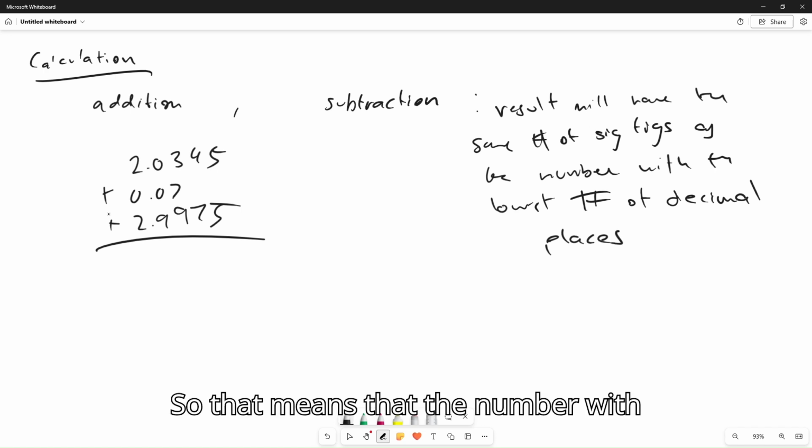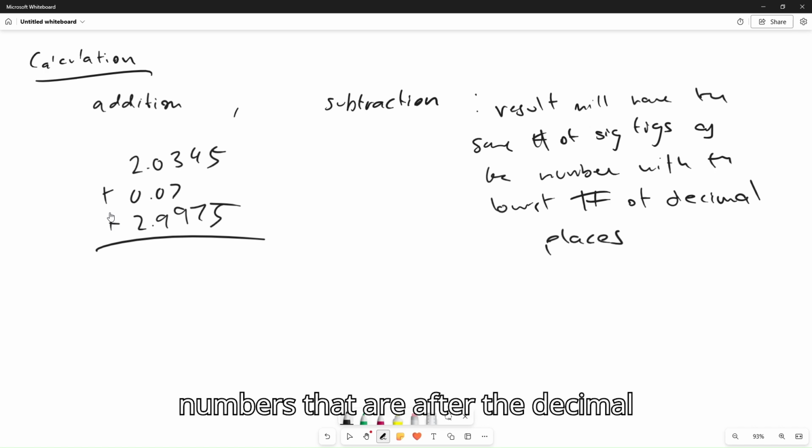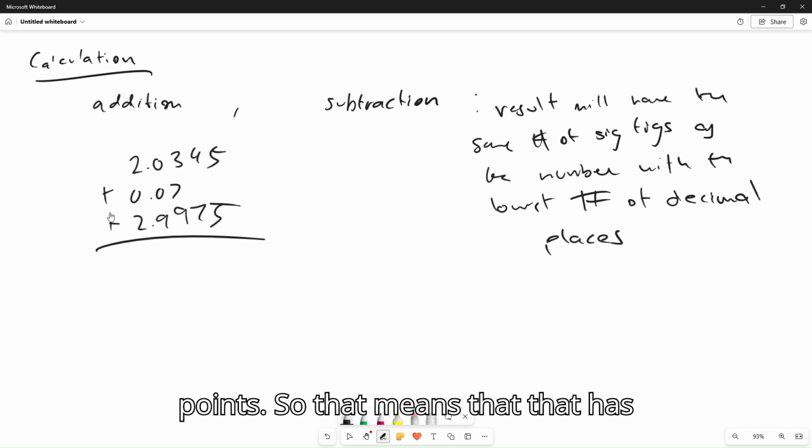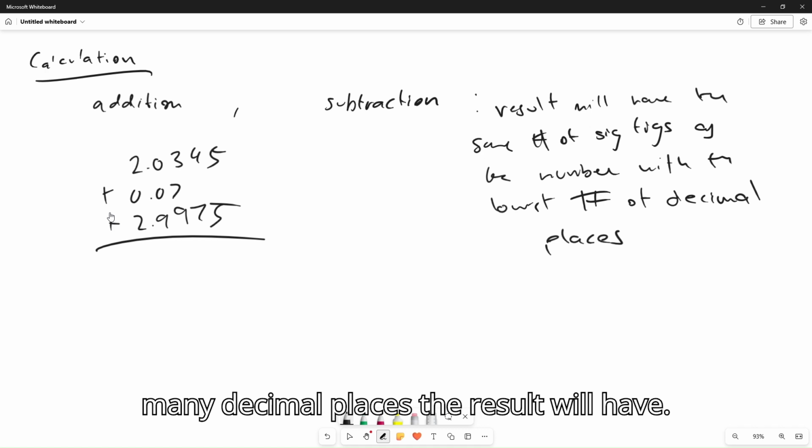So if we have 3.05, that has 2 decimal places, just the numbers that are after the decimal point. That means the result will also have 2 decimal places.